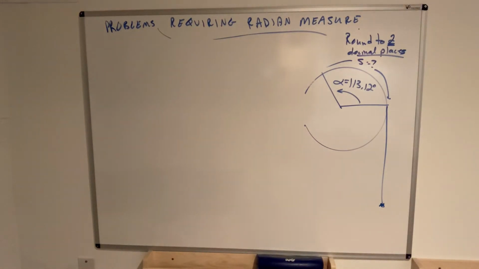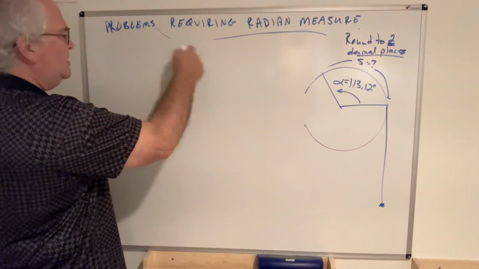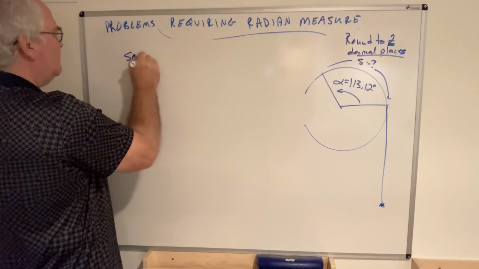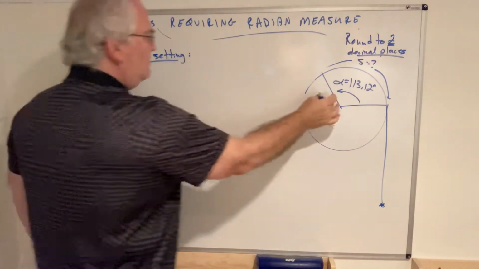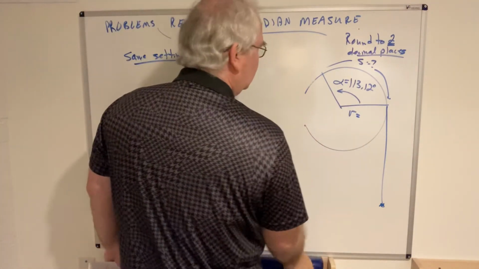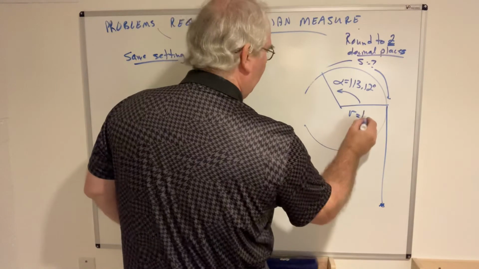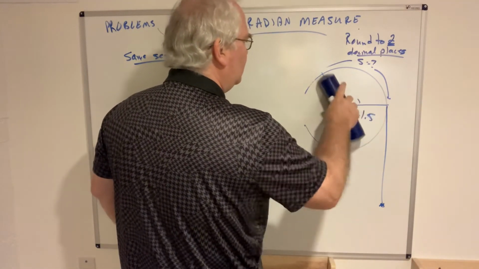All right? So let's suppose same winch, same setting, same radius. Radius is still 1.5. Except now, we're not going to rotate through a degree measure.